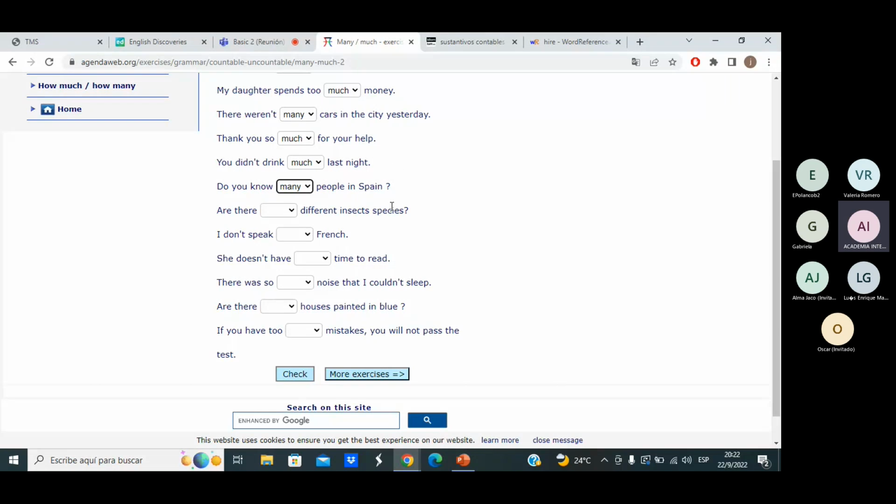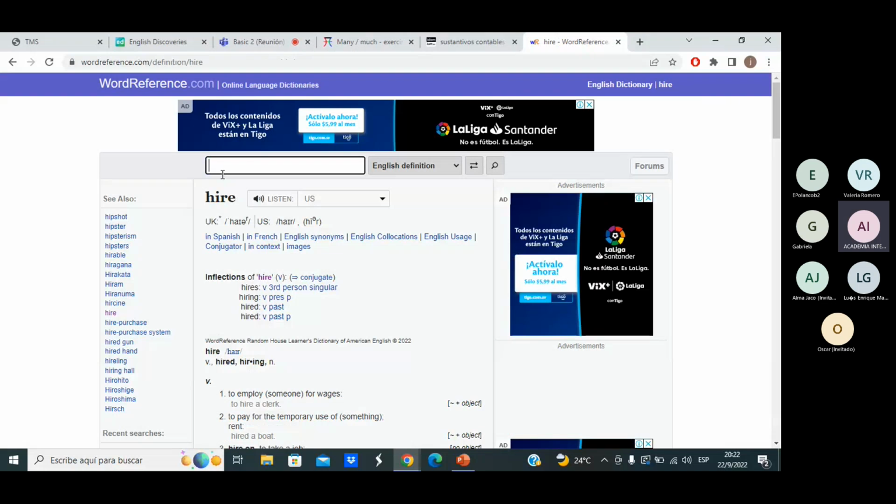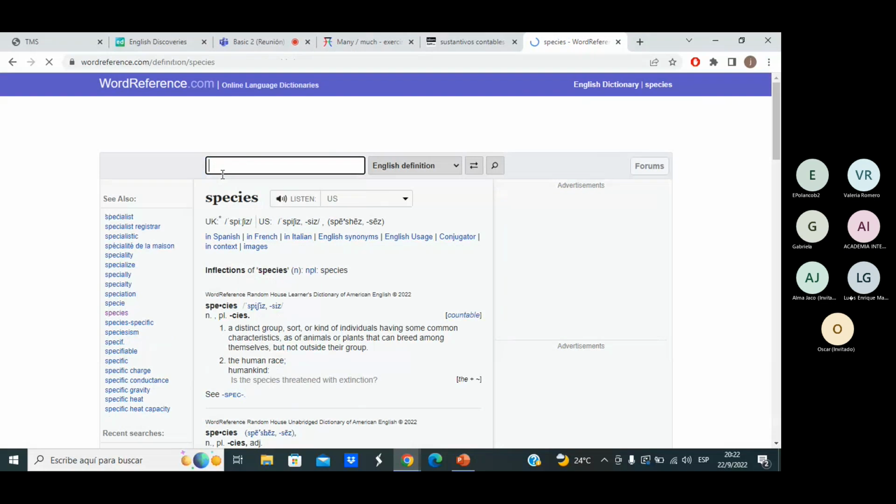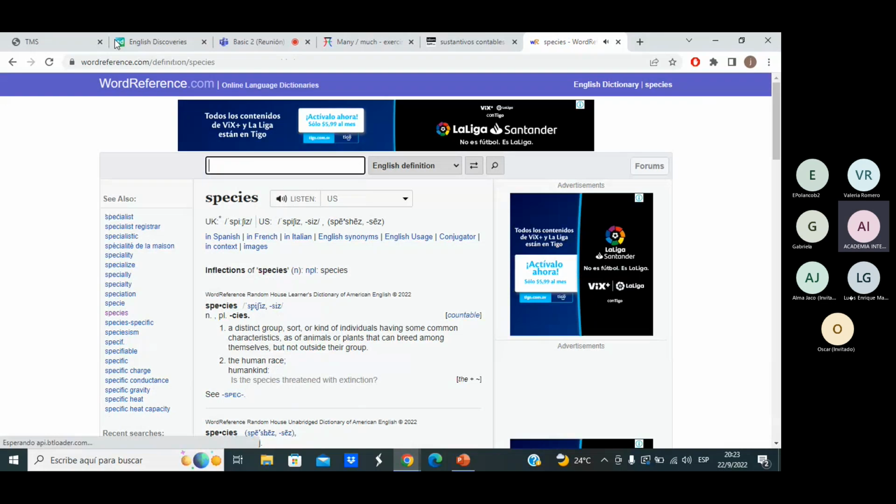If you don't know how to pronounce this, we are going to look for the correct pronunciation. Species.